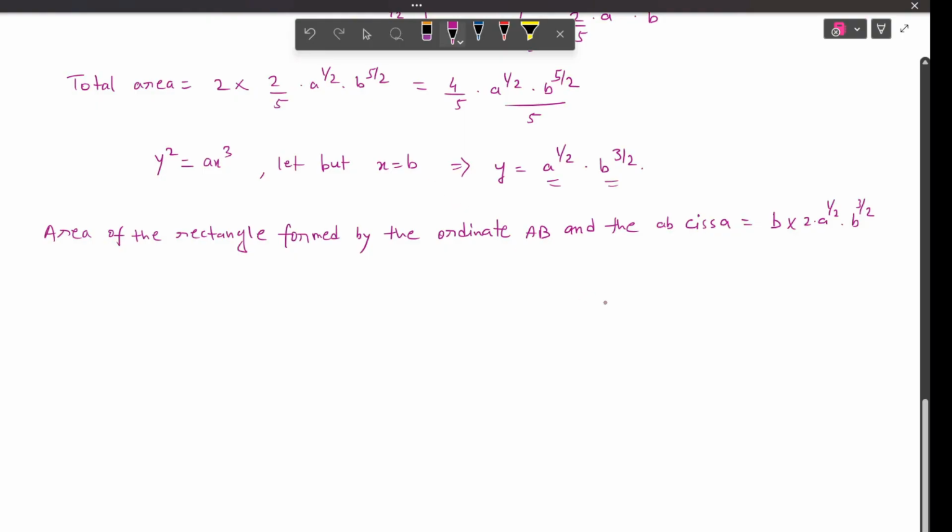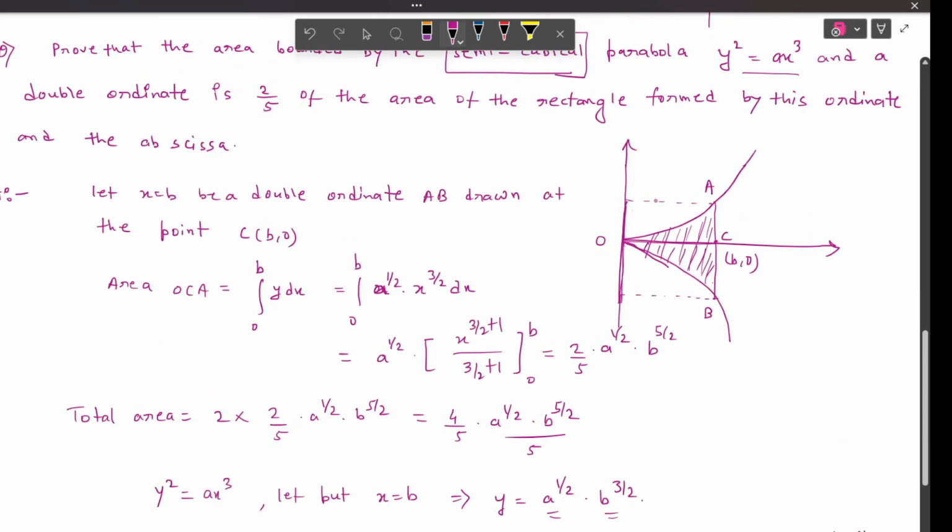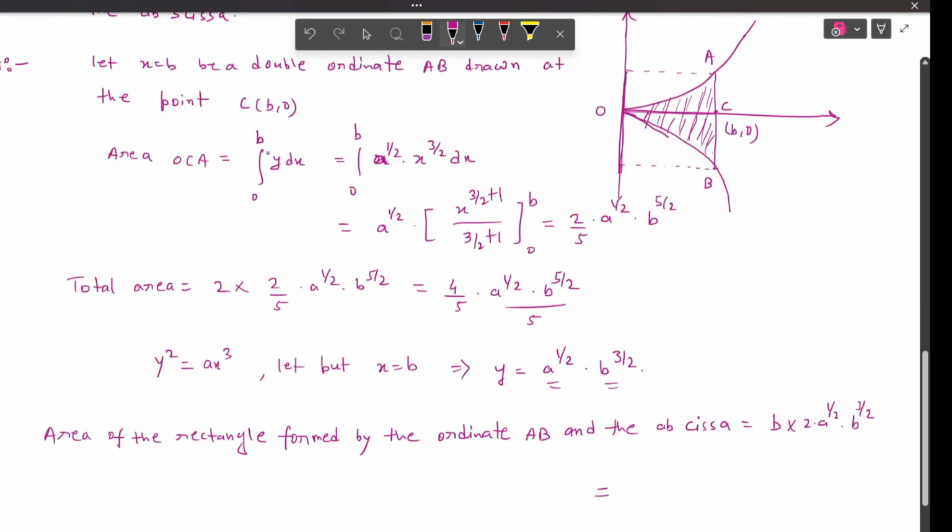So we need to prove that this area is 2 by 5 times the area of the rectangle formed by the ordinate and the abscissa.